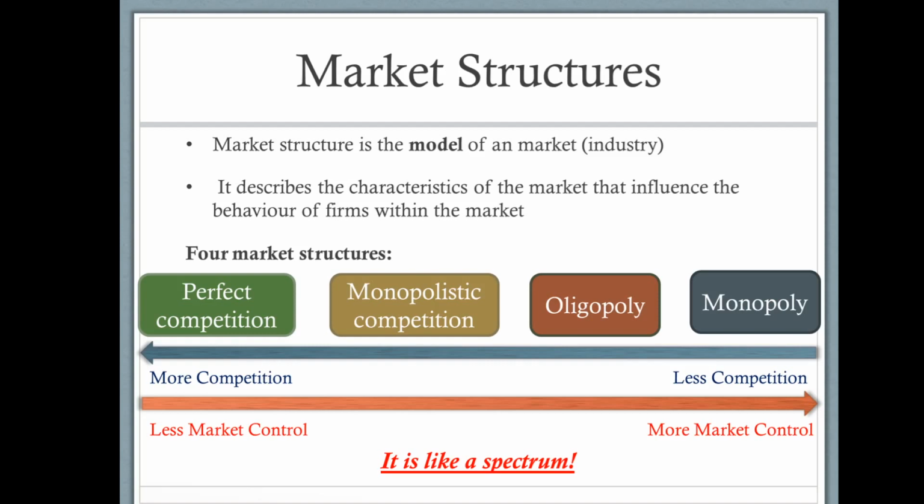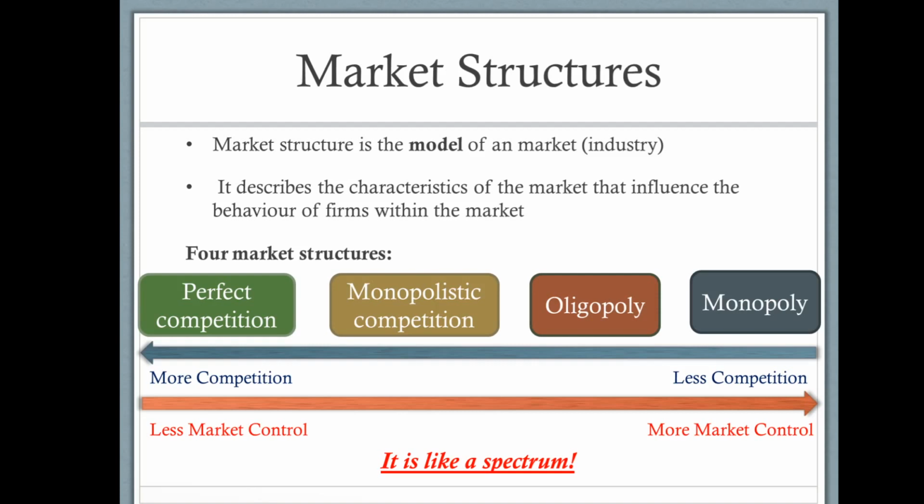If you define a market as perfect competition, then you are going to see very big competition going on. If you go to the right, you will see the competition get less and less, until it gets to monopoly, where there will be no competition. It's just like a spectrum.